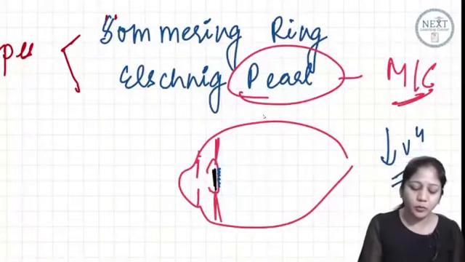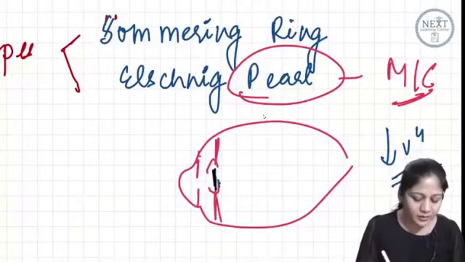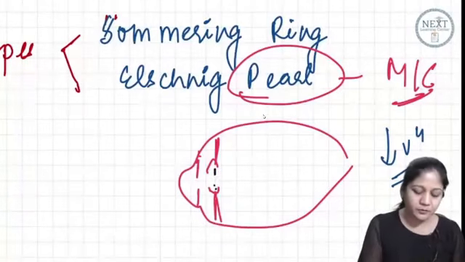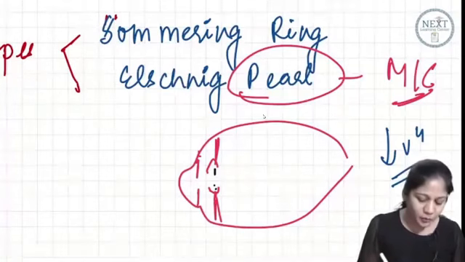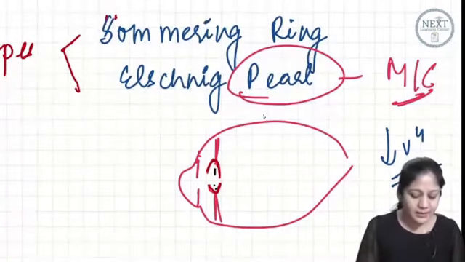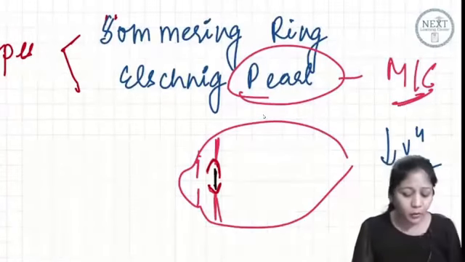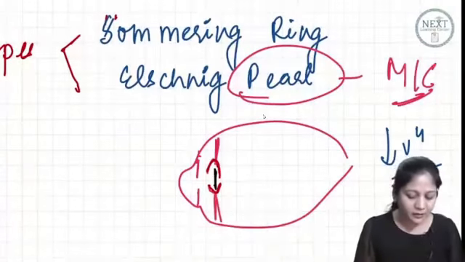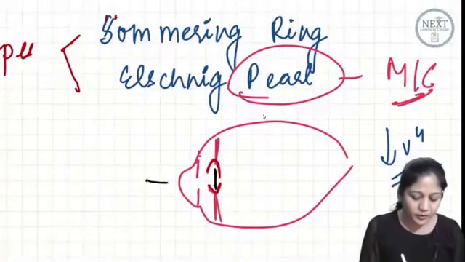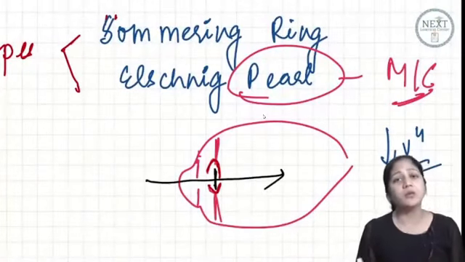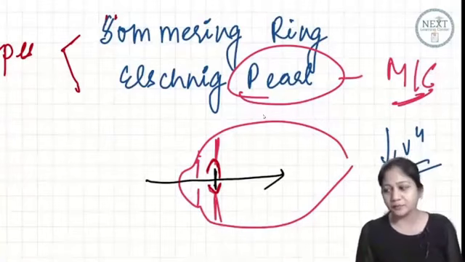So what will you do? Because you have to treat the patient, you will make a hole in the central part of the capsule. You will call it a posterior capsulotomy. You will create a small opening with the laser so that whenever light is entering, it can go without deviation, without scatter or without stopping.